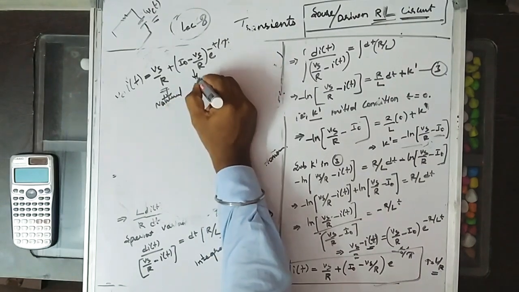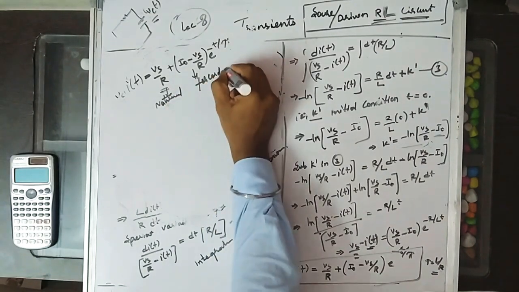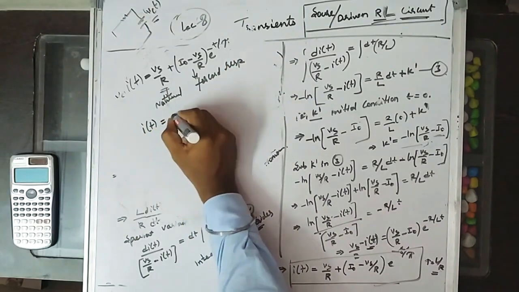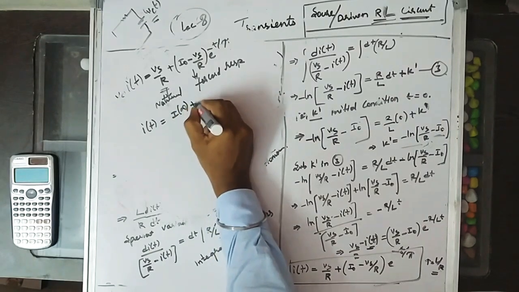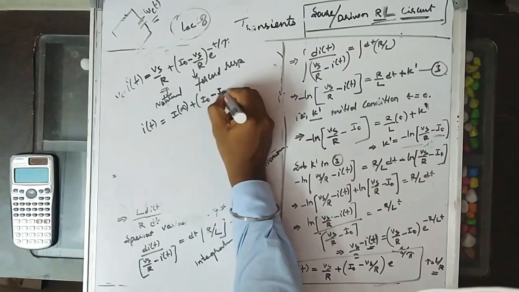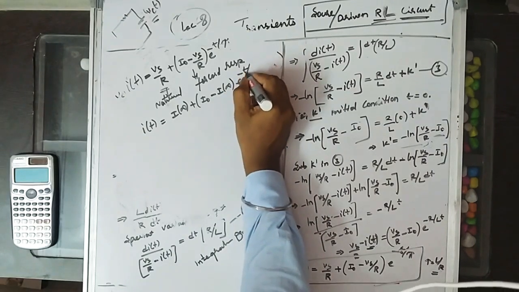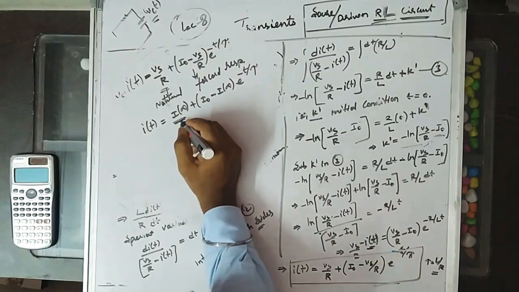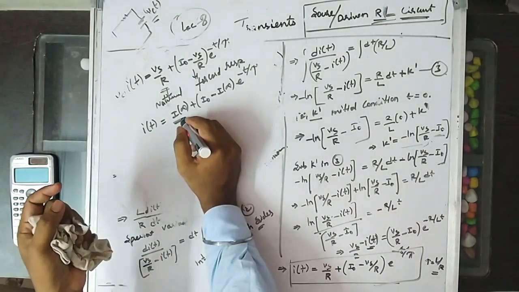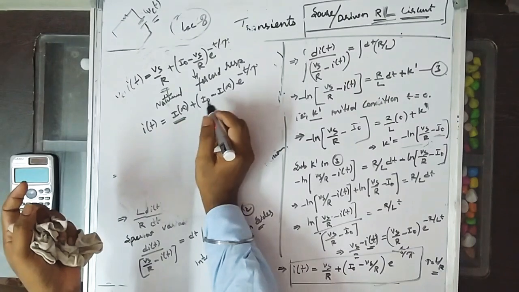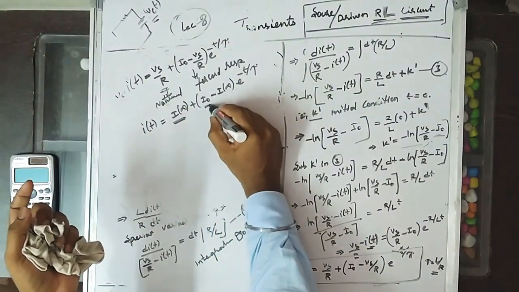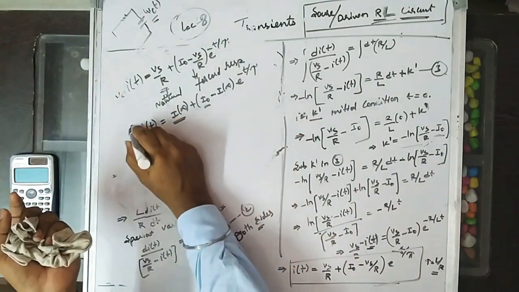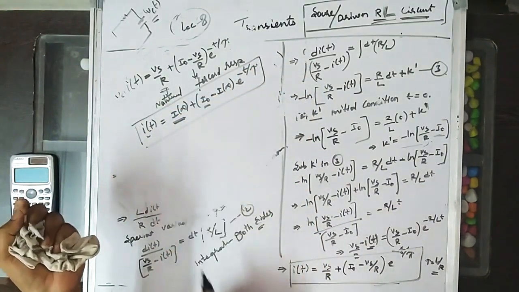This can be written as i(t) equal to i(infinity) plus (i(0) minus i(infinity)) e power minus t by tau. That means i(infinity) is the steady state value of the inductor current at infinite time, and I0 is the current through the inductor at time t equal to 0. You need to memorize this expression for solving the equations.